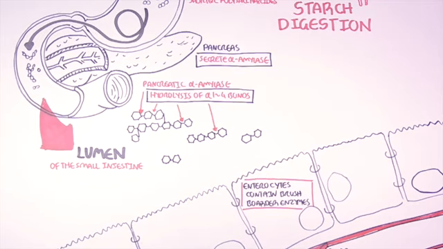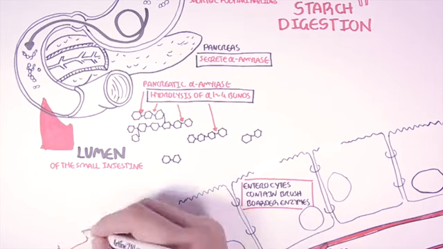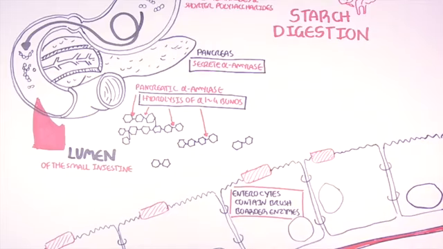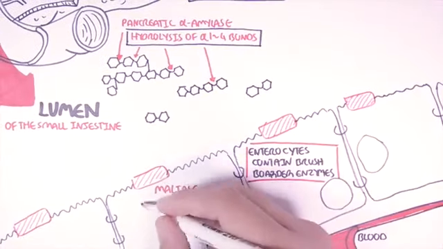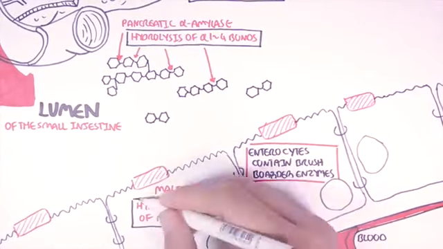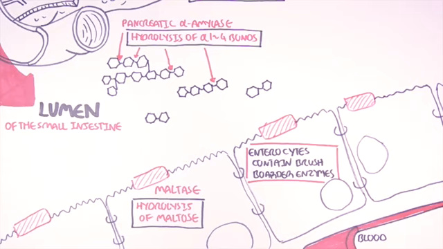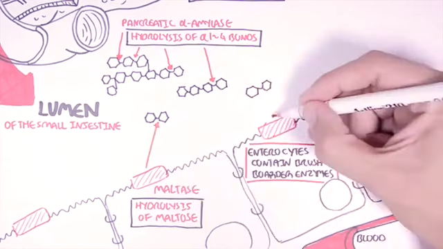The enterocytes, as I mentioned, also have enzymes called brush border enzymes that participate in the digestion of starch. These enzymes include maltase, which will hydrolyze maltose. Now maltose is essentially two glucose molecules linked together. So maltase will hydrolyze these.